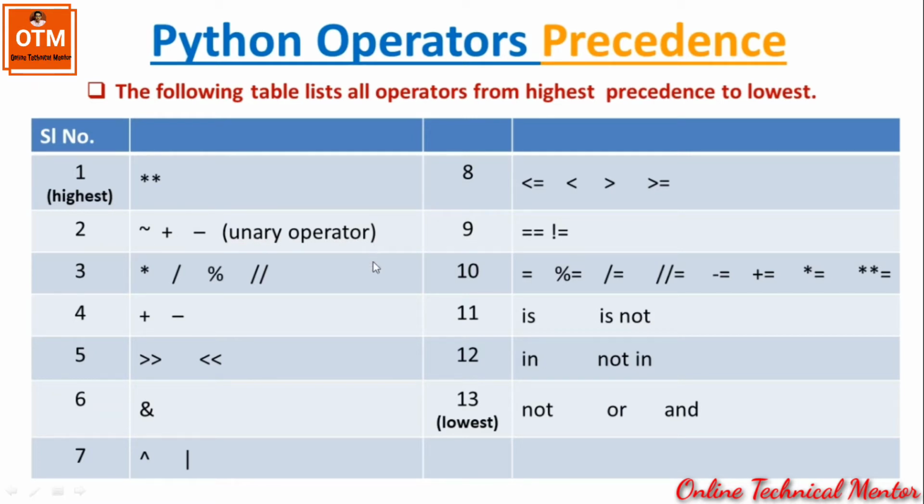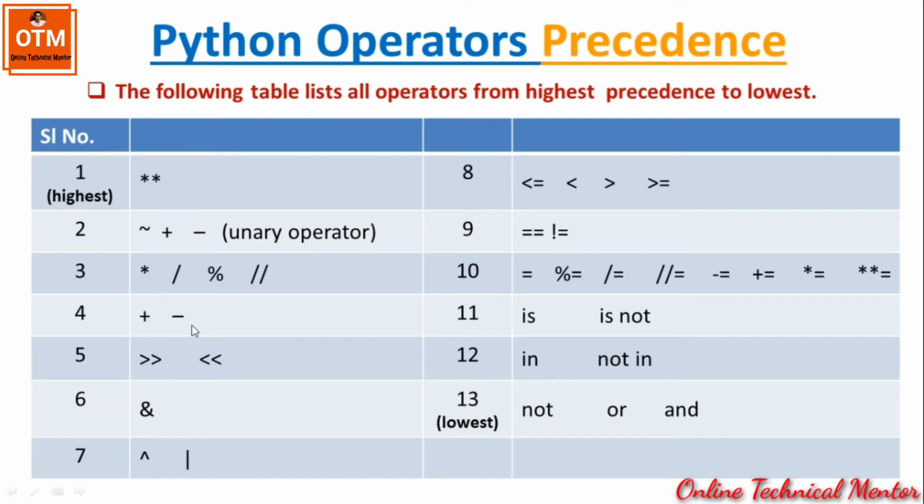Next to these unary operators, there are multiplication, division, modulo, and floor division. All these four have the same precedence, so they are written in the same line. Whichever comes first in the expression will be evaluated first. There is no concept of the BODMAS rule as we do in normal mathematics. Python follows its own rule, so you have to know about this rule.